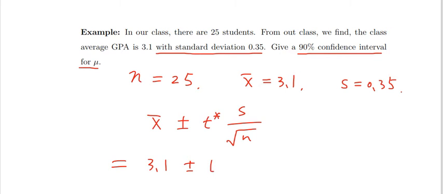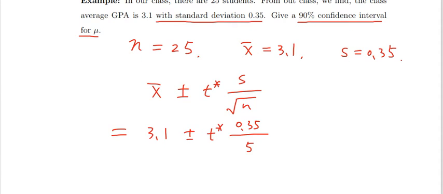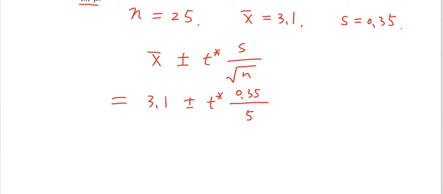So we only don't know the T star. The radical 25 is just 5, right? Okay. So here we just need to find the T star. So what is the T star?